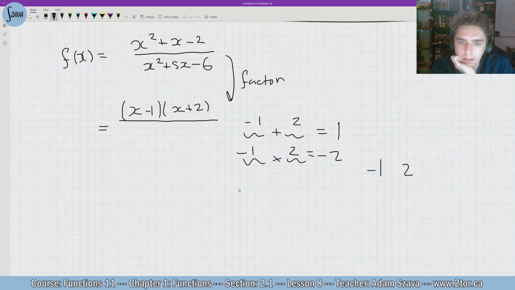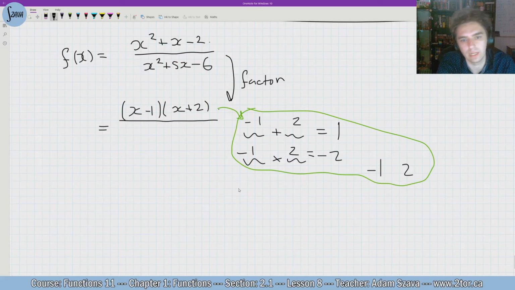So that was for the numerator here. Let me just box that in like that. And now for the denominator, we need two numbers that add to 5 and multiply to negative 6.